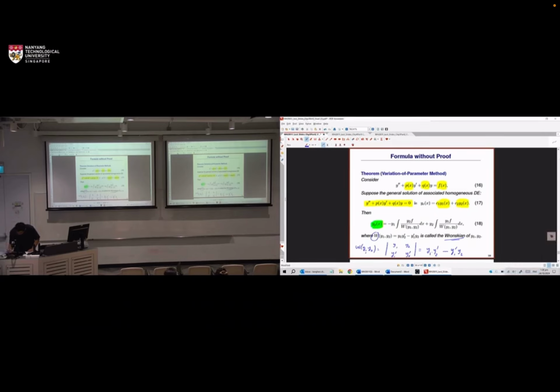This of course cannot be 0. If it's equal to 0, you cannot do it, because you cannot have division by 0. So you just cross multiply: y1 times y2 prime minus y1 prime times y2.